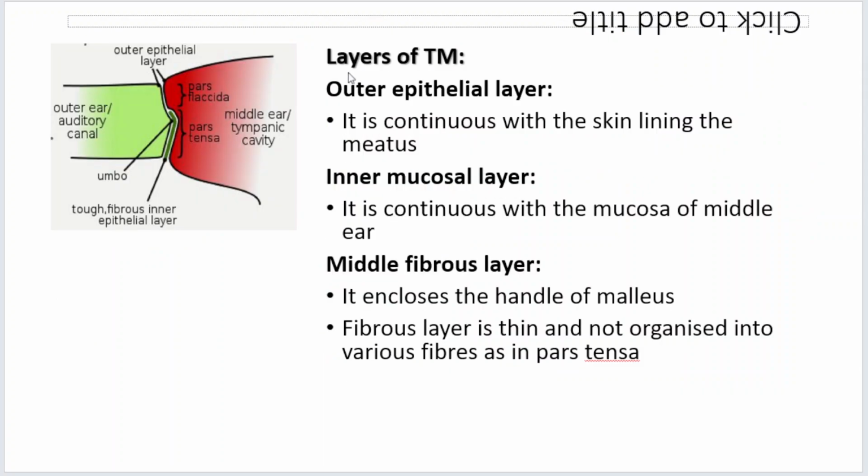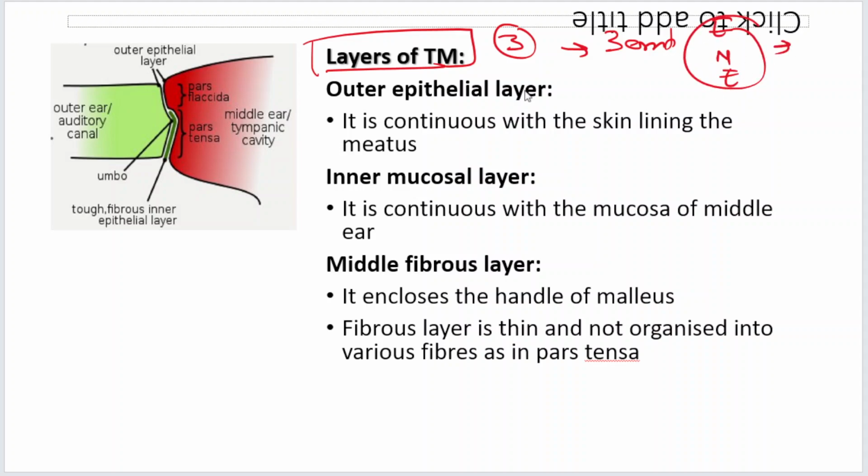Now coming to the layers of the tympanic membrane. The tympanic membrane has 3 layers because it is developed from all the 3 embryonic layers: ectoderm, mesoderm, endoderm. This is also an important question from the NEET PG point of view. This is the external outer epithelial layer of the tympanic membrane. It is continuous with the epithelial layer of the external auditory canal.